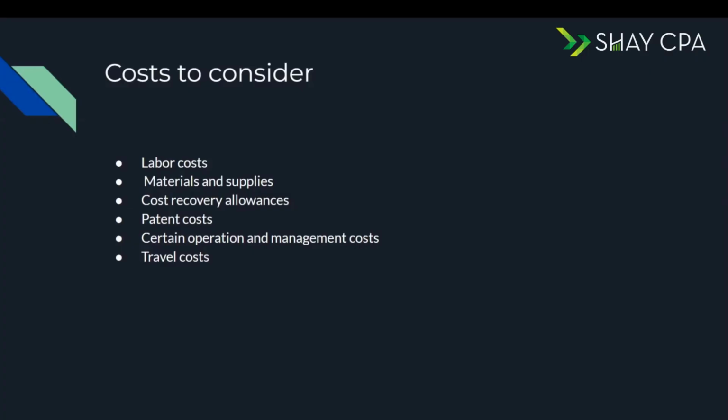You have labor costs, like wages and salaries, materials and supplies, cost recovery allowances, patent cost, and certain operation and management costs, such as rent or depreciation. Travel costs can also be included, depending on what activity is tied to the travel cost. If an engineer is traveling to a site where he's going to do R&D work, then that travel would also constitute a Section 174 cost.